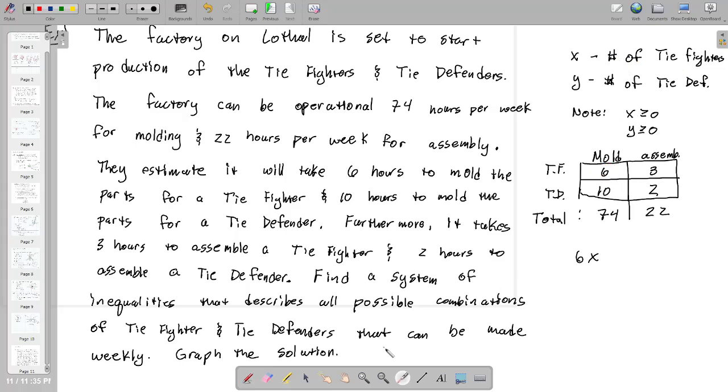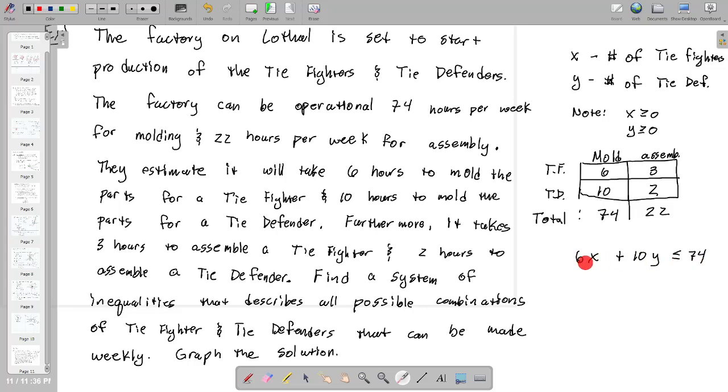So 6x plus 10y, where y is the number of TIE Defenders we're making weekly, and it takes 10 hours to mold one, so 10 times y is the hours we use per week to mold the parts for the TIE Defenders. And this has to be less than or equal to 74. Now, we can use less than 74 hours, but we cannot use more than 74 hours.